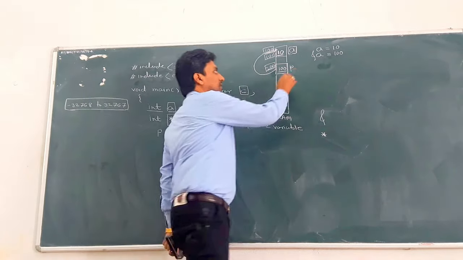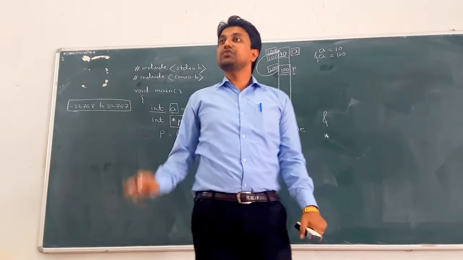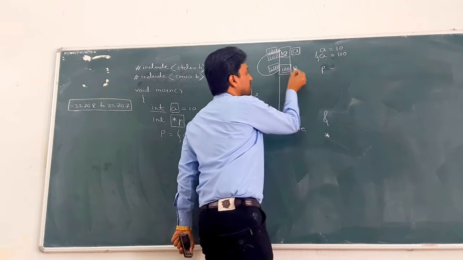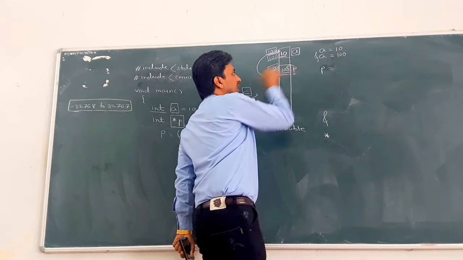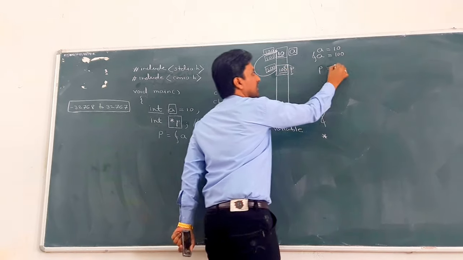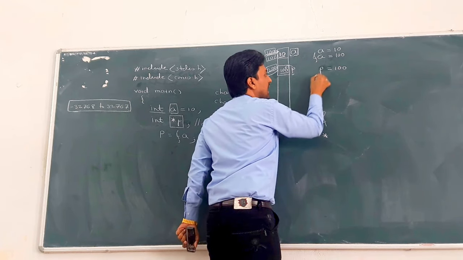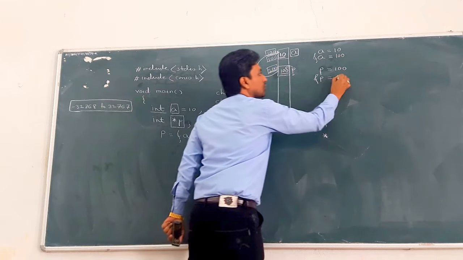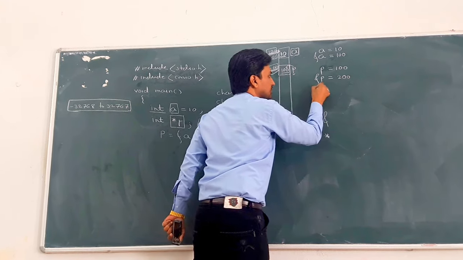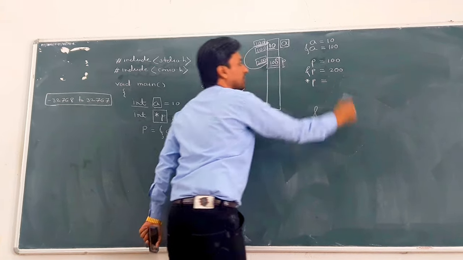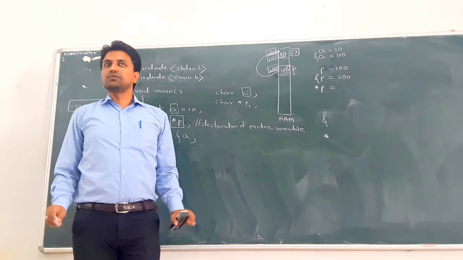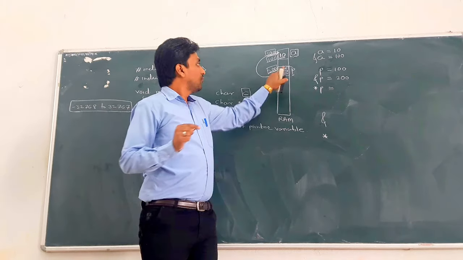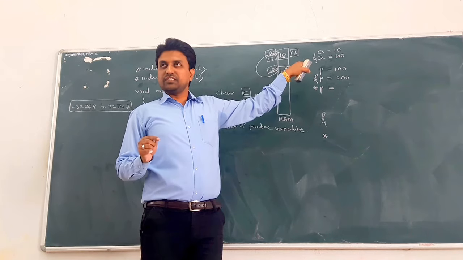Next, pointer type variables give you 3 different values. Just P means the value inside P, that is 100. Then the address of P. What is the address of P? The base address, 200. The third one is pointer P. Now, what is the meaning of pointer P? It means the value at that address location.